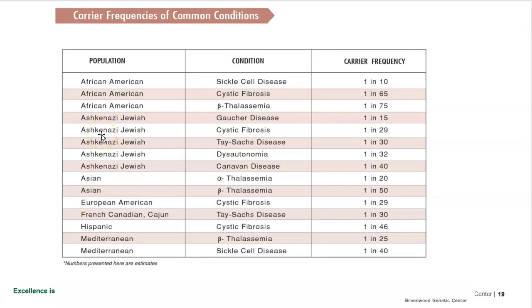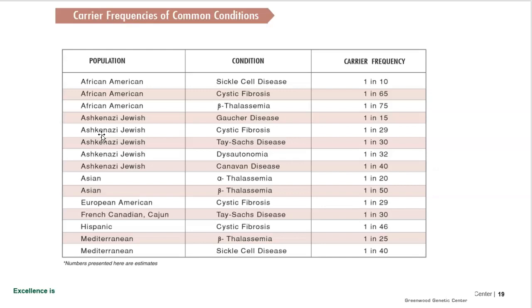The carrier frequency for sickle cell anemia is 1 in 10 in the African American population, which is a really high number. It's pretty well believed that sickle cell being a carrier, or 2PQ, increases your chance of survival with malaria.